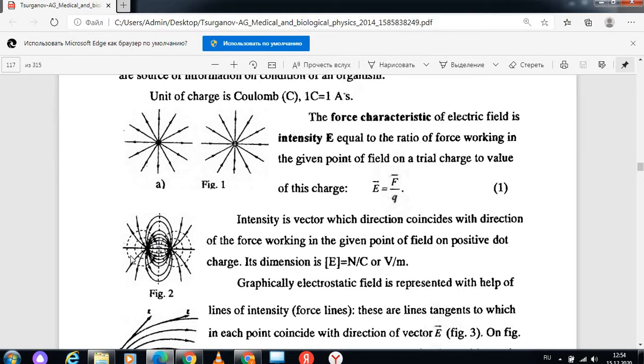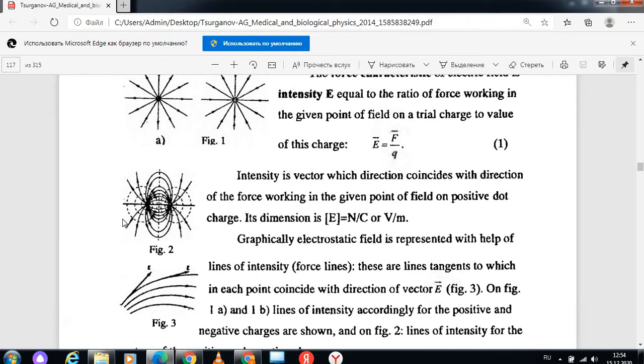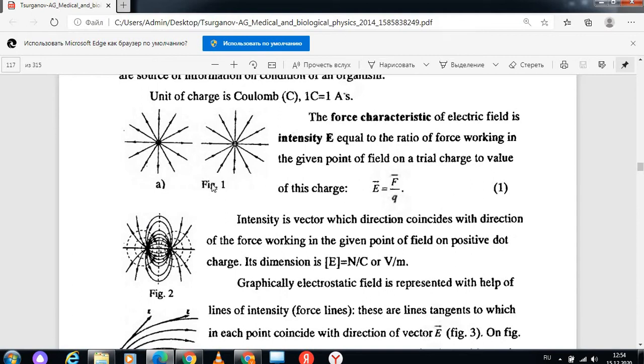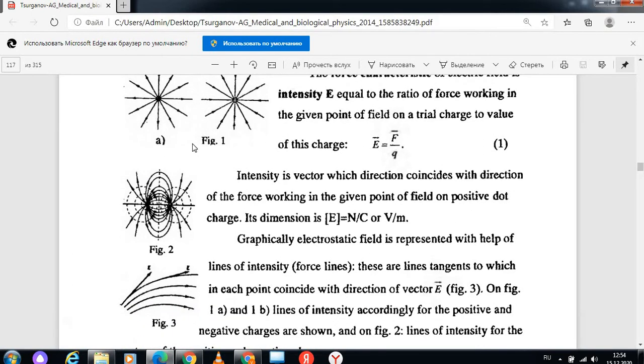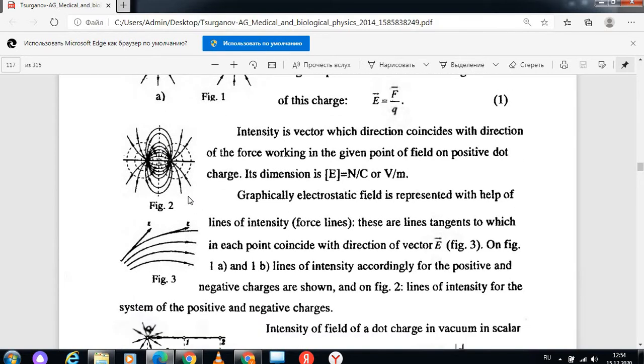And here we have the figure of the lines on figures A and B of figure 1. These two point charges are shown, a positive and respectively a negative charge. And on figure 2 we have the lines of intensity for the system of positive and negative charge at some distance between them. Here is the electric dipole. Yes, here is our dipole.